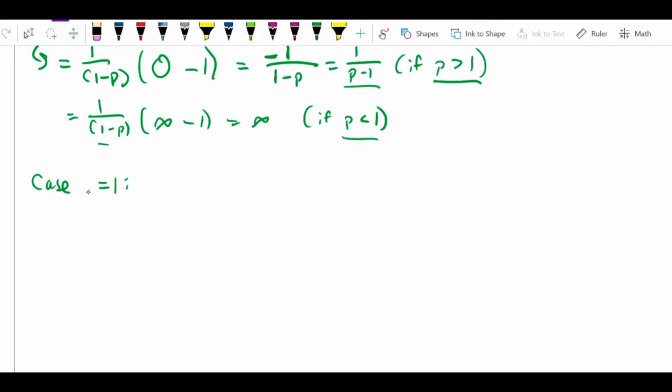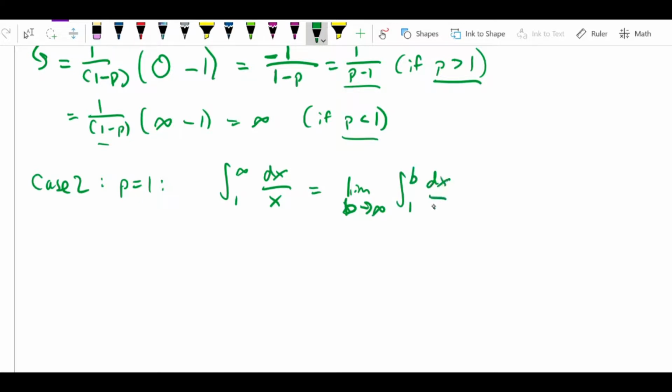So we're going to call this case 2, where p equals 1. Here we're just integrating from 1 to infinity the integral of dx over x, because that's the case where p equals 1. That equals the natural log of x. Well, actually, let me do this formally. This is the limit as b approaches infinity of the integral from 1 to b of dx over x.